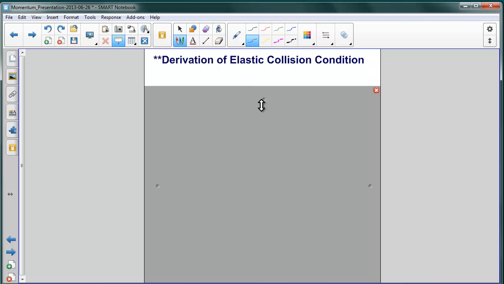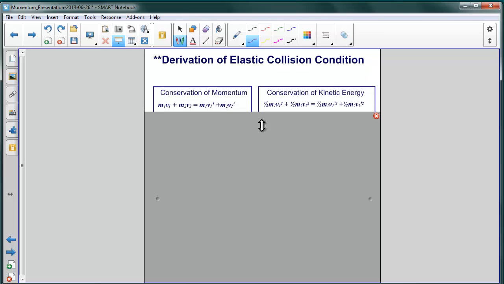So what we do is we start with conservation of momentum and conservation of kinetic energy. A couple of slides back, we pointed out that these were given by these two expressions: m1 v1 plus m2 v2 equals m1 v1 prime plus m2 v2 prime, the conservation of momentum.